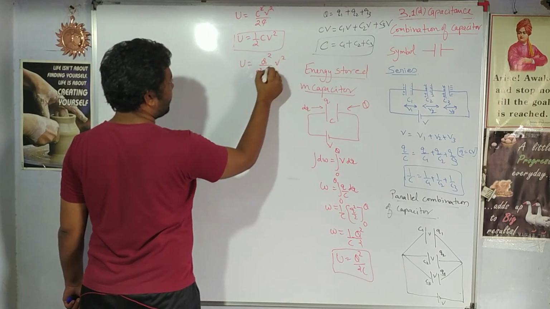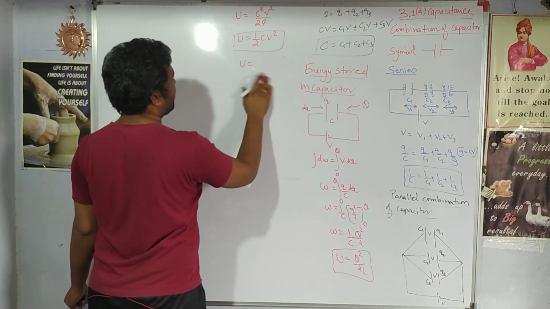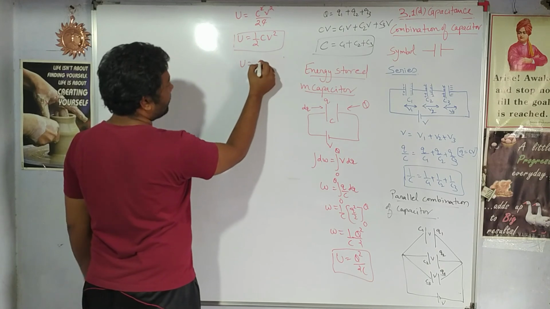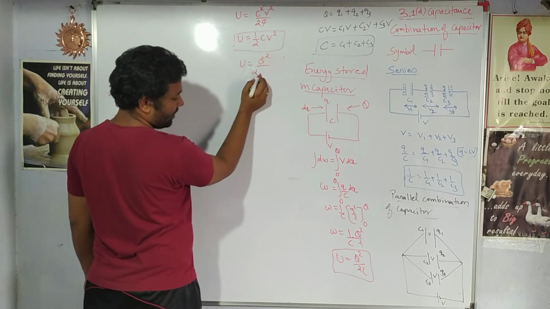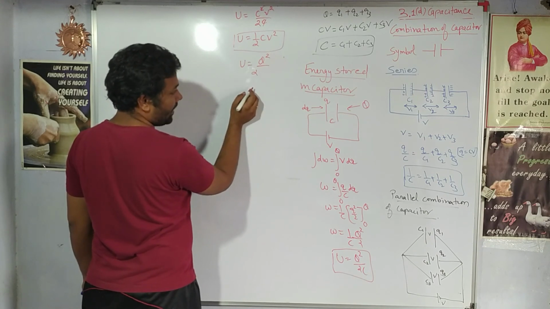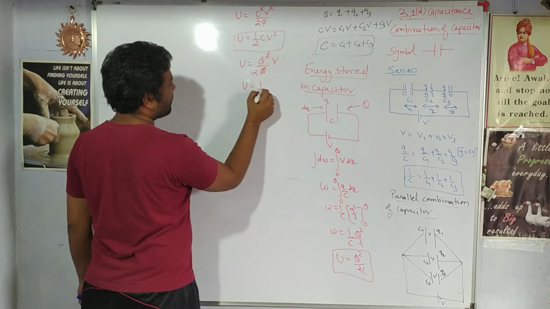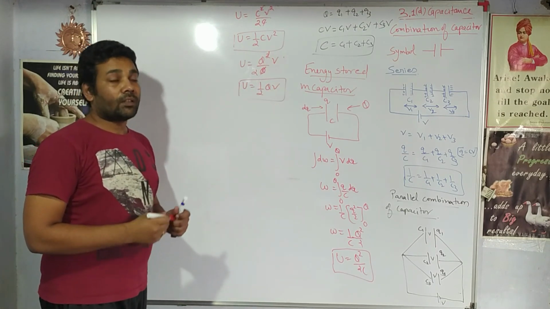Q square by... I did some mistake. If we substitute the value of C in the denominator, it will be Q square by the value of C. C can be substituted as Q by V. So Q gets cancelled. So U is equal to half QV.